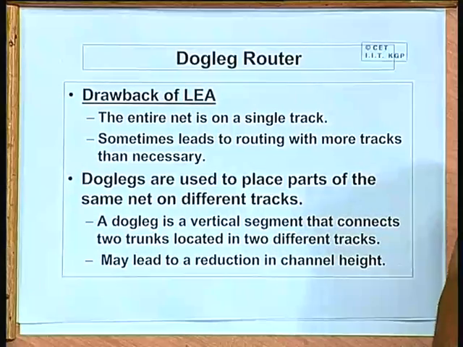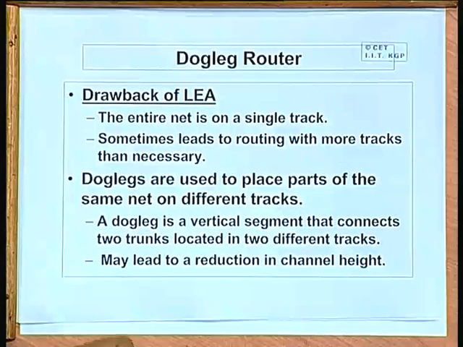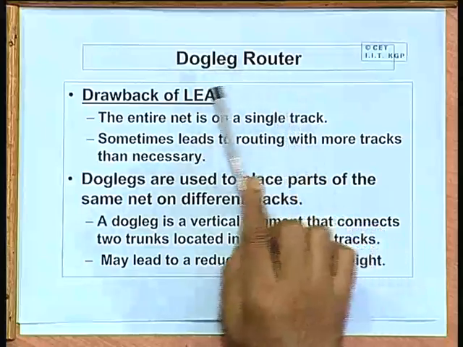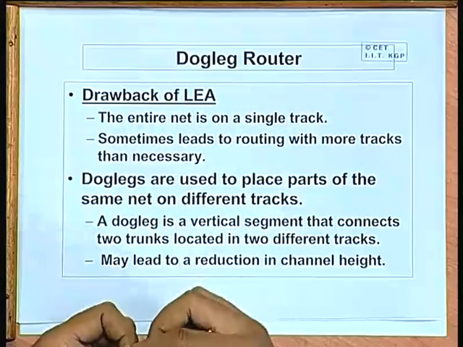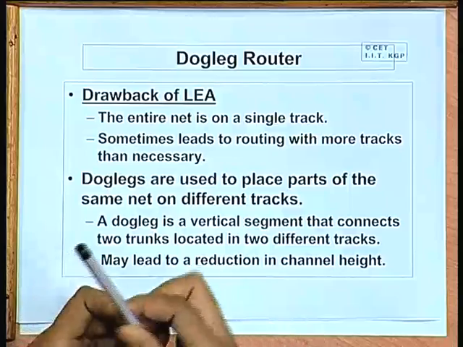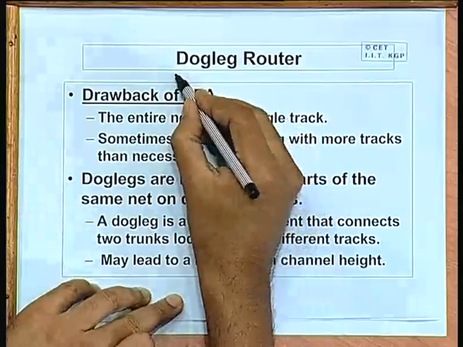There you may allow breaking up of the horizontal segments of a net across several tracks. This routing algorithm that we will be looking at is conventionally called the Dogleg Router, because whenever we break a horizontal segment of a net across more than one track, it is called a dogleg.